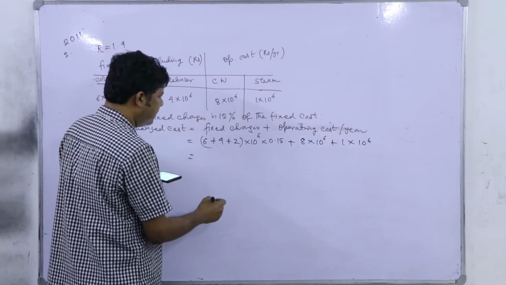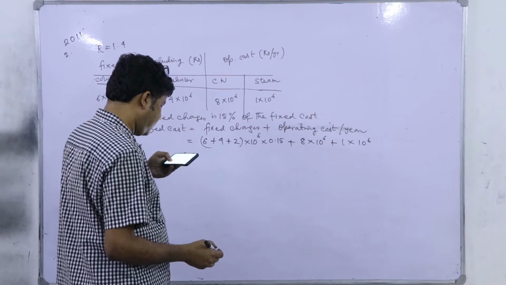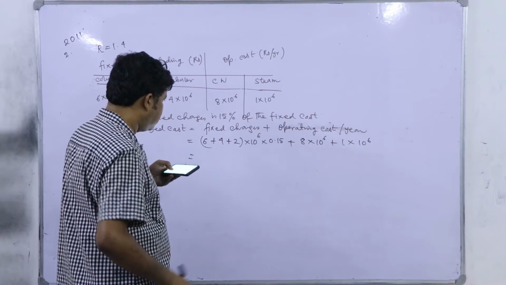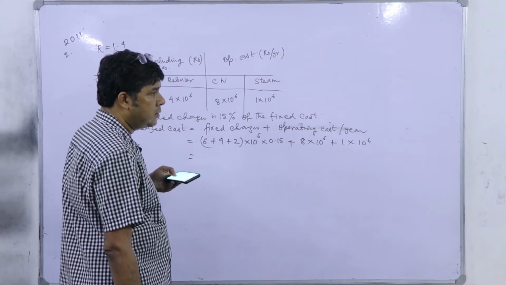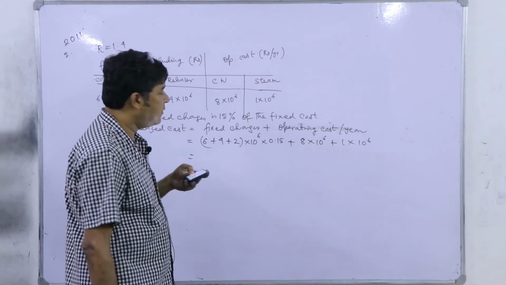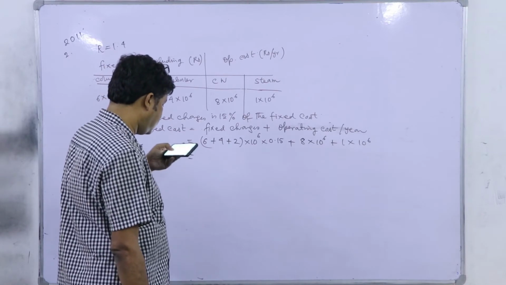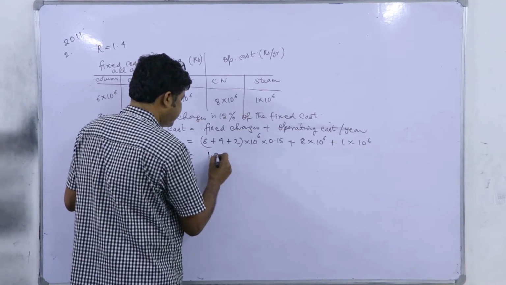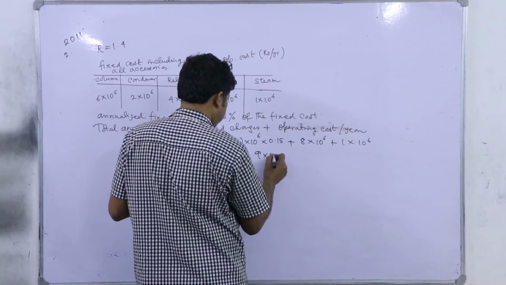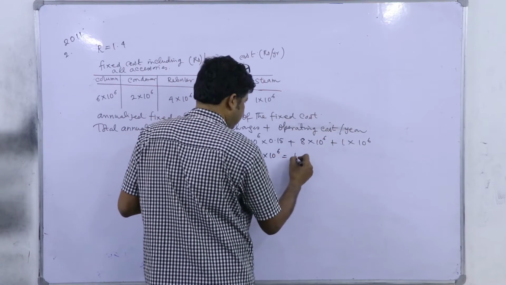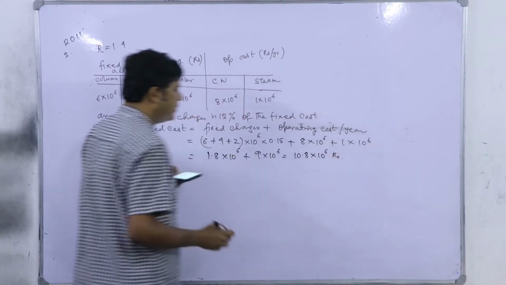So, this is 12 into 0.15, that is 1.8 into 10 to the power 6, plus 9 into 10 to the power 6. So, it is 10.8 into 10 to the power 6 rupees. That will be the answer.